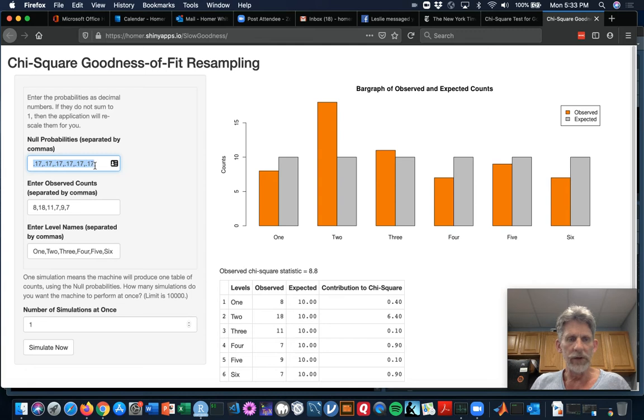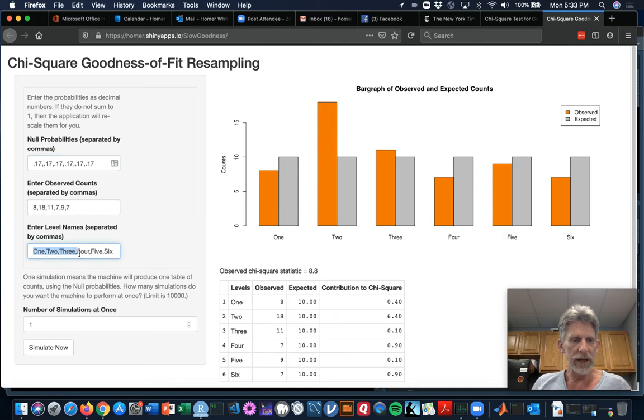And if you're a believer in the null hypothesis that the die is fair, then you think that the chance of each of the different outcomes is the same. So 0.17, which is about 1/6, I'm putting that in, putting six of them in here, one for each face, separated by commas. So that's where you enter the null hypothesis view about the die being fair.